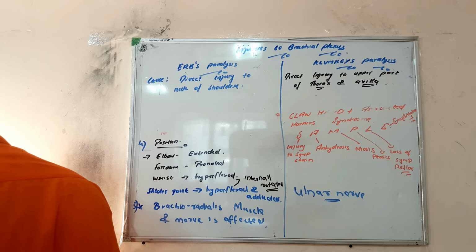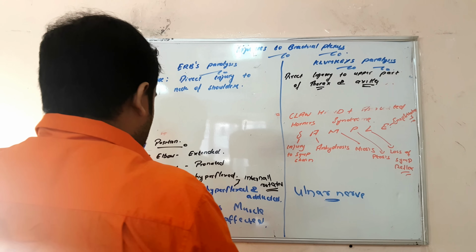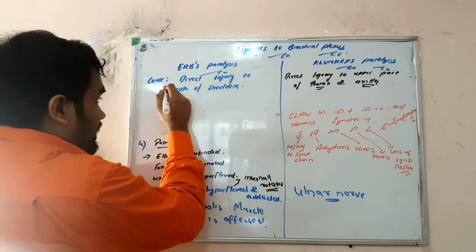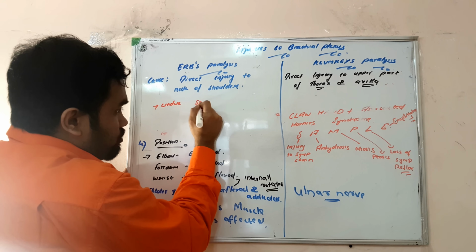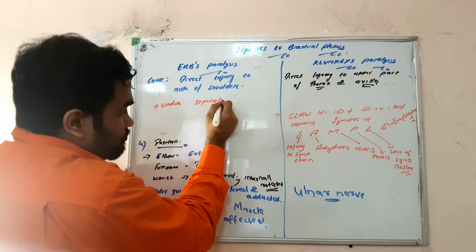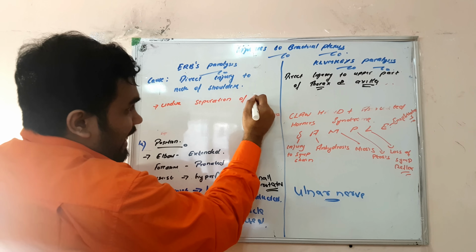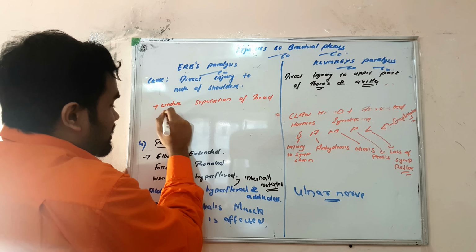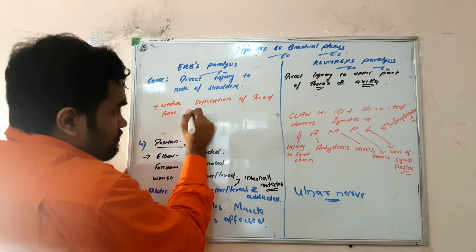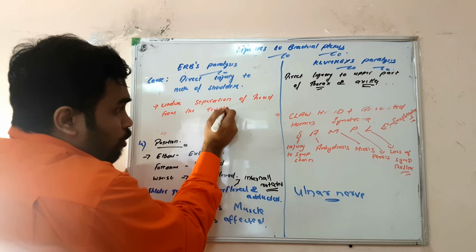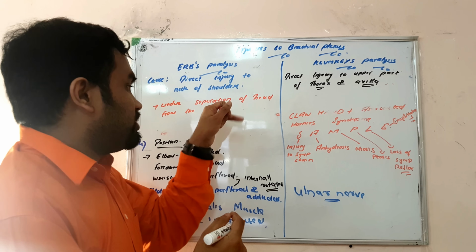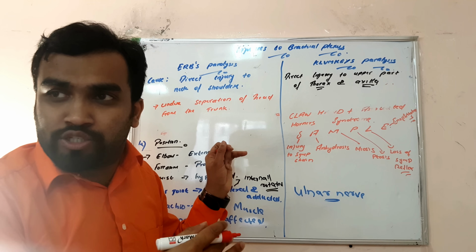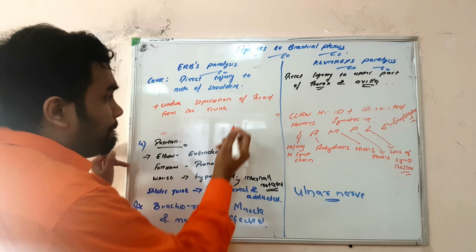Now the next cause is undue separation of the head from the trunk. It is commonly seen in what? Birth injury. During the labor process there is something known as shoulder dystocia, that is a birth injury.